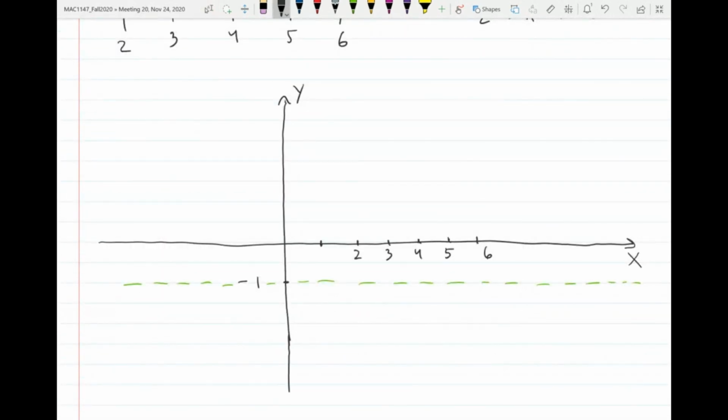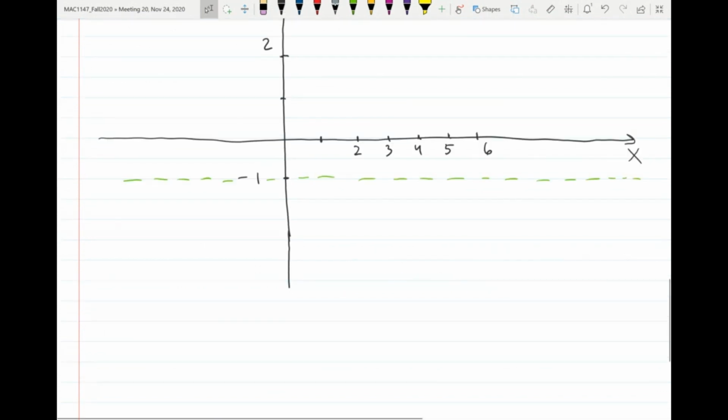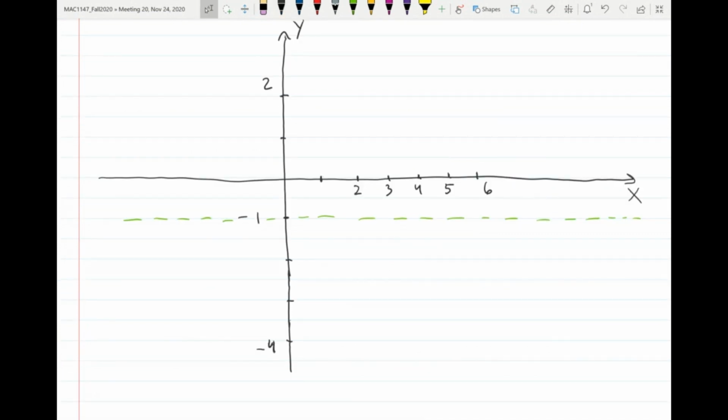So if the midline was at -1, then we need to go up to 2, so 1, 2. And then we need to go down to -4 because the amplitude is 3. So -2, -3, -4, right here. So that means that our graph is going to be between y equals 2 and y equals -4. Does everybody understand this setup so far?